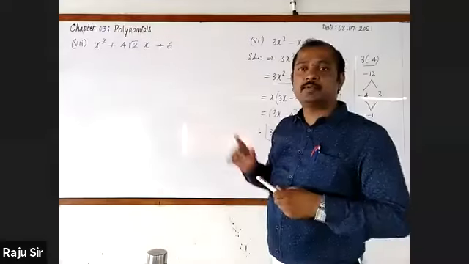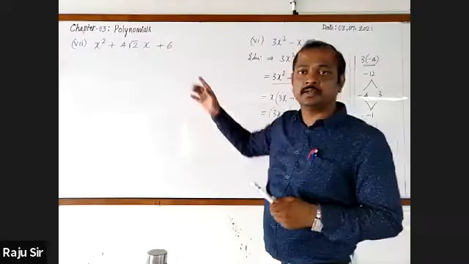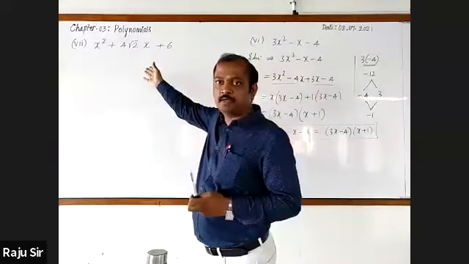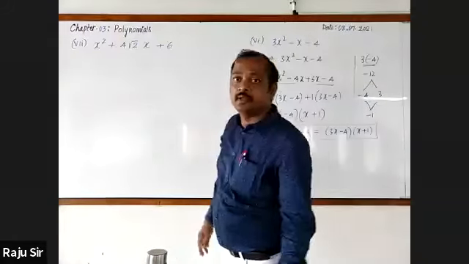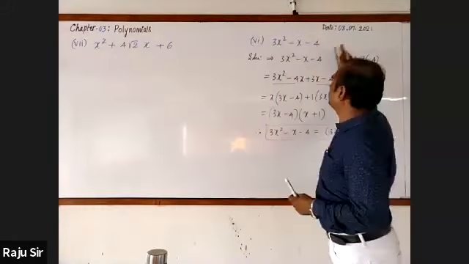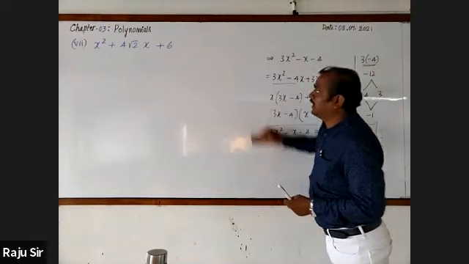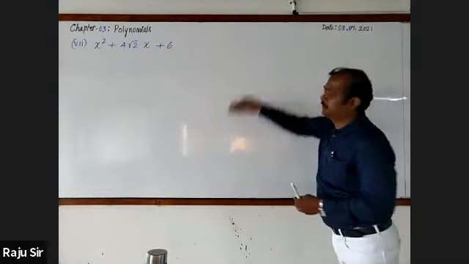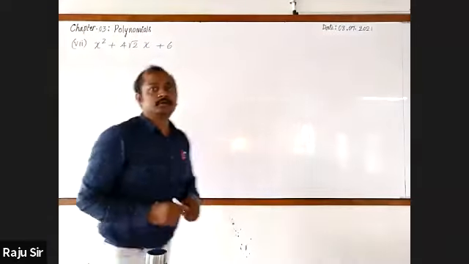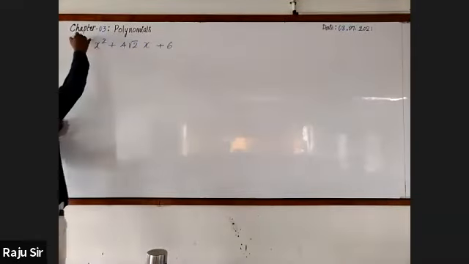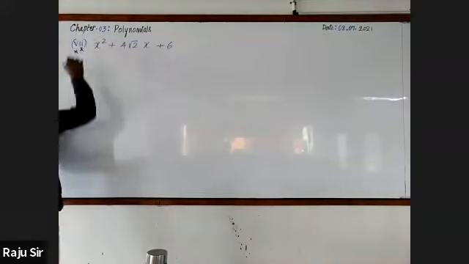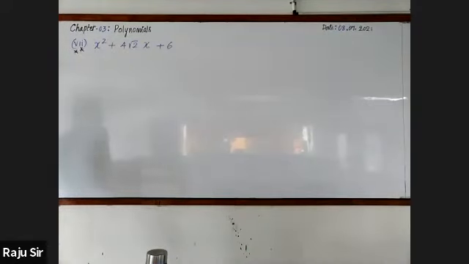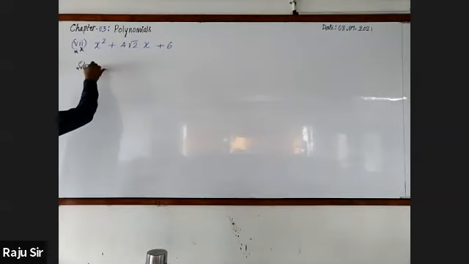Now let's go for factorizing a quadratic polynomial having an irrational number as one of the coefficients. So this type can be expected in the examination. Star mark. First, write it in standard form. Please go on writing with me.